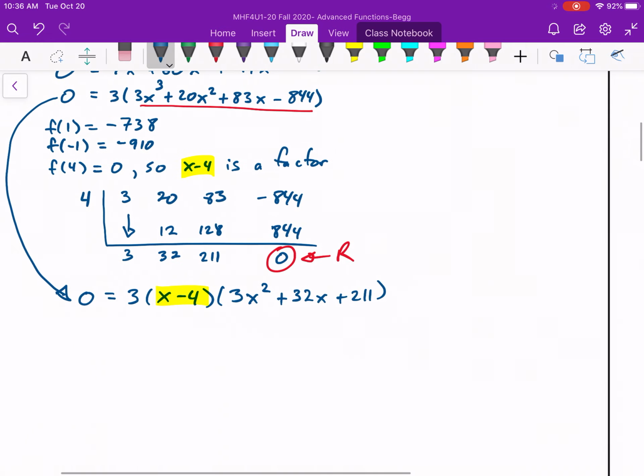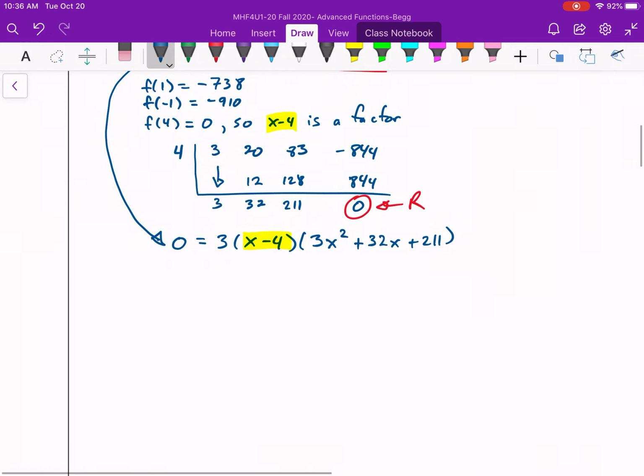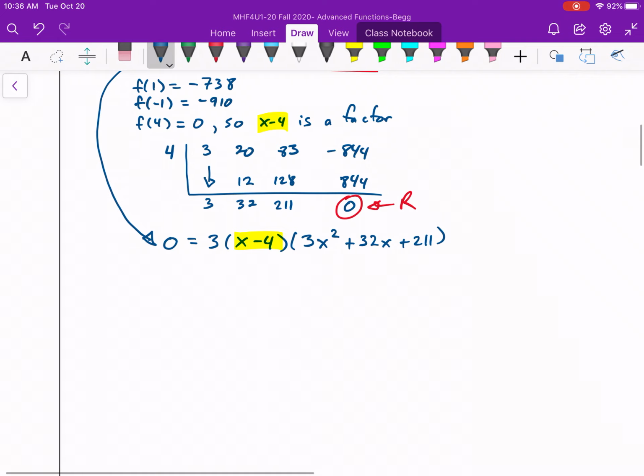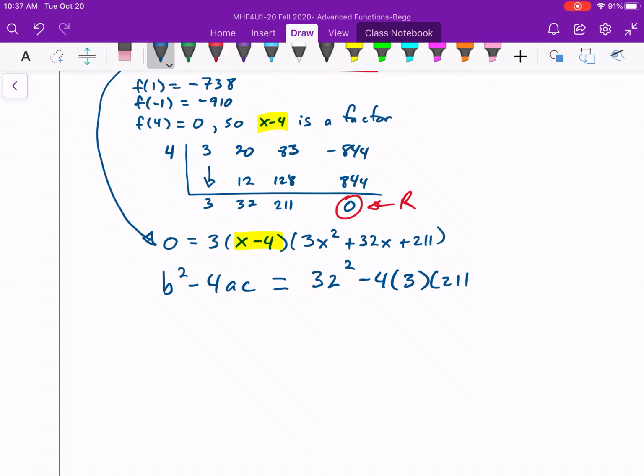Let's check first to see if it's possible. Let's use the discriminant. So b squared minus 4ac, before we spend a lot of time trying to factor this, is equal to 32 squared minus 4 times 3 times 211.